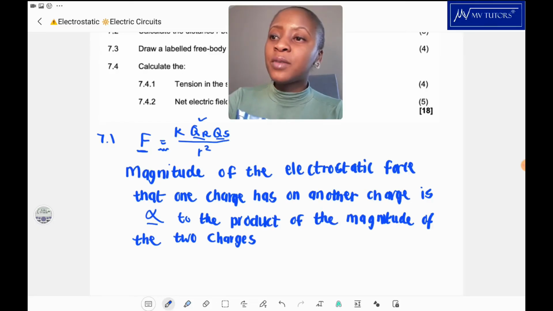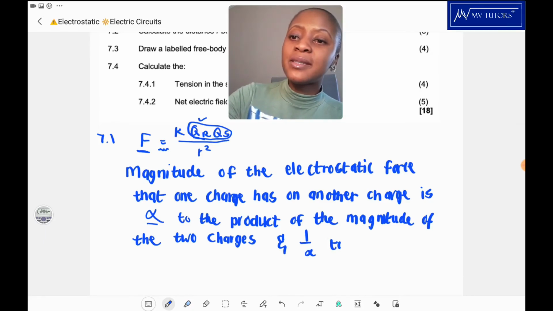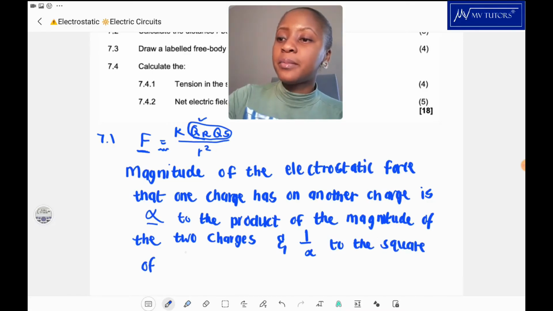So the magnitude of this electrostatic force is directly proportional to the product of the magnitude of those two charges, and inversely proportional to the square of the distance between them.